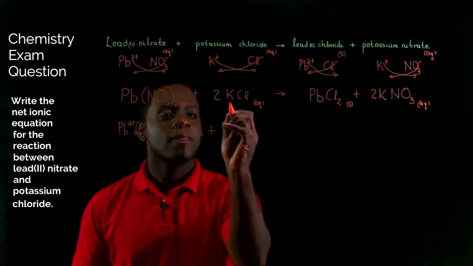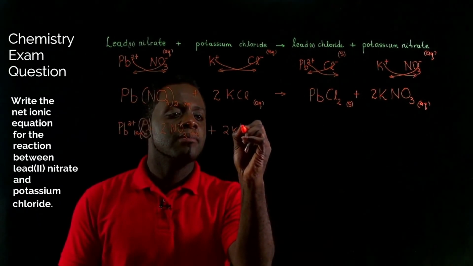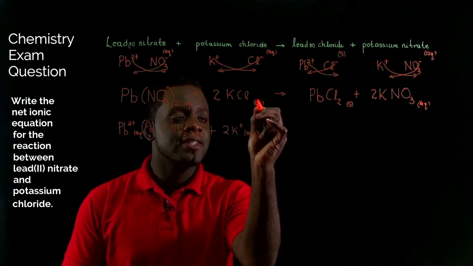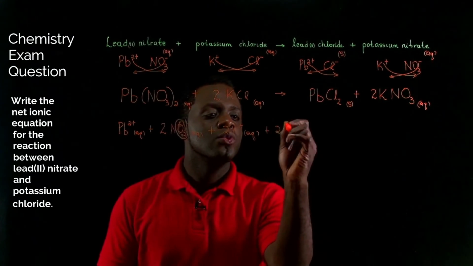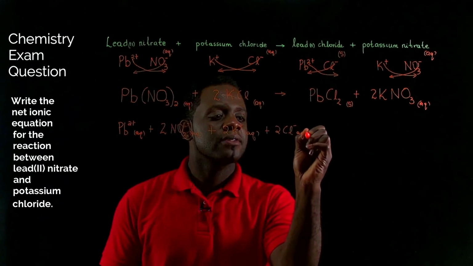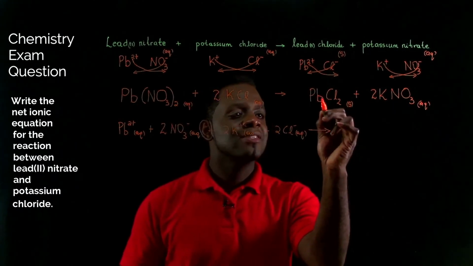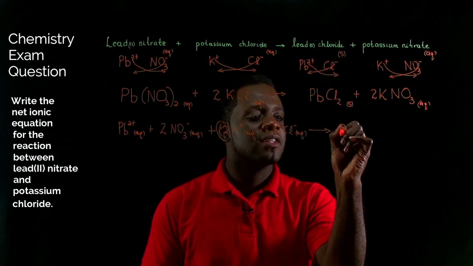plus 2K+ aqueous, and we are separating potassium chloride because it is aqueous, plus 2Cl- aqueous, going to form, we do not separate lead 2 chloride because it is not aqueous.